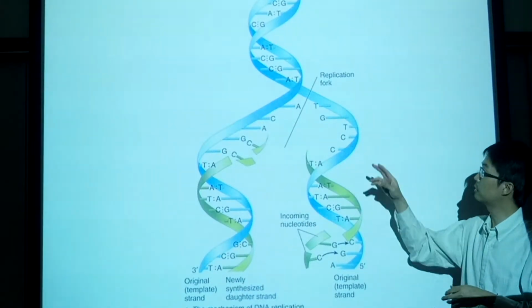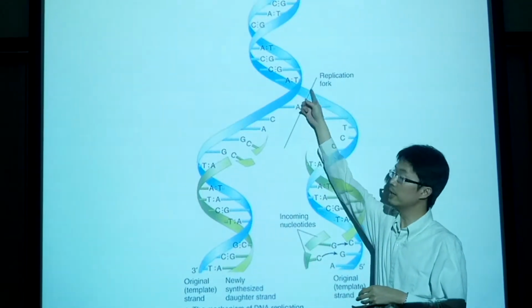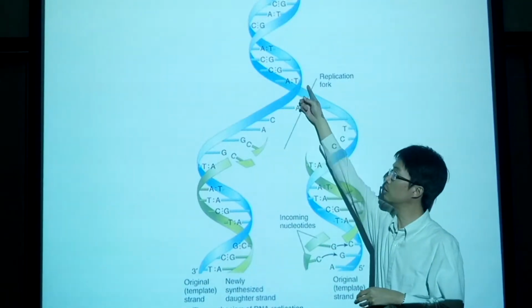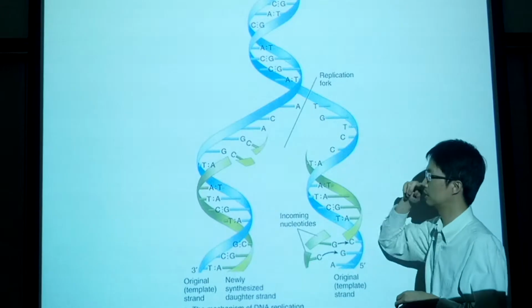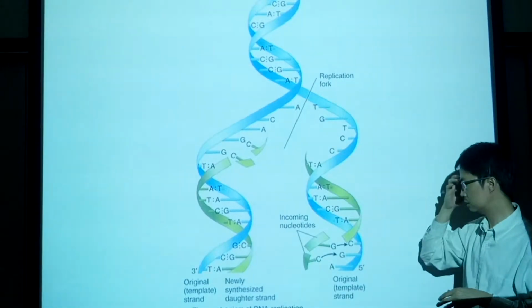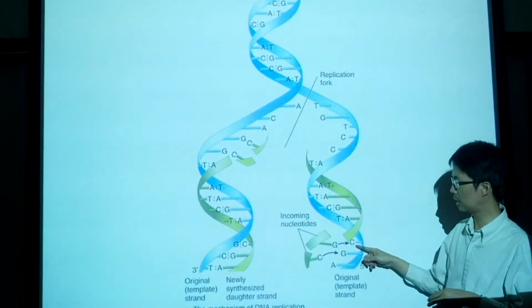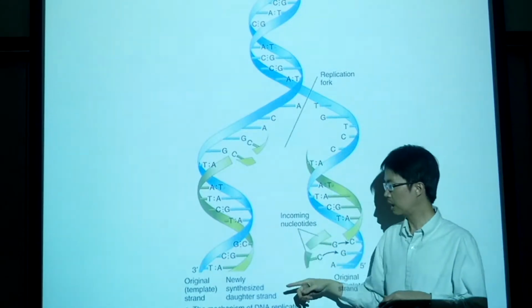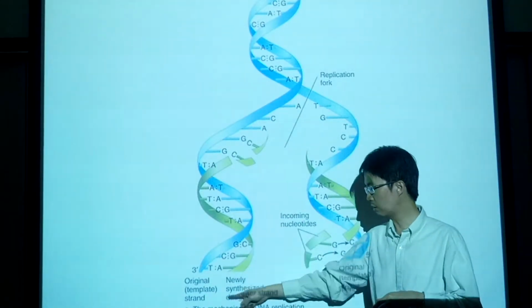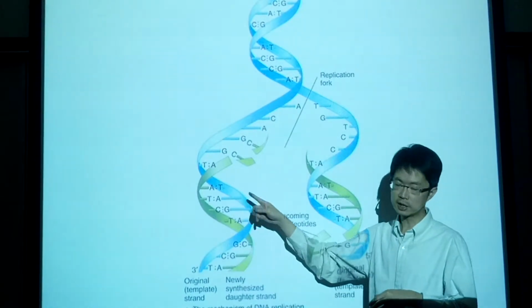So you have the DNA helicase here to unwind the DNA molecule. The original strand is colored blue. The newly made daughter strand is colored green.